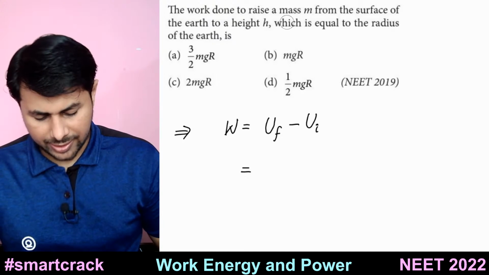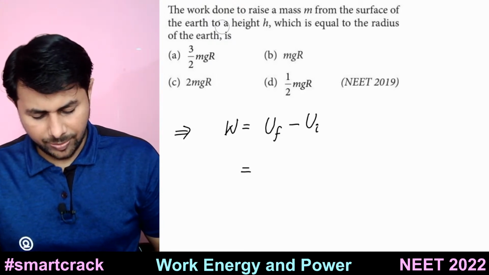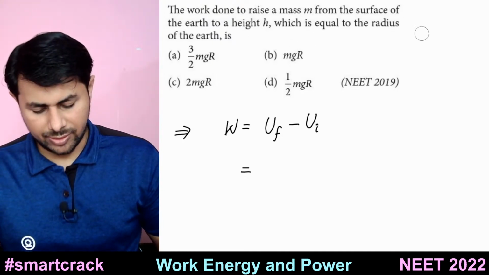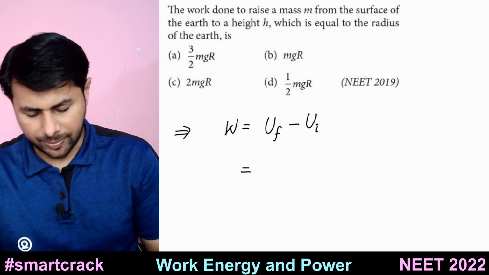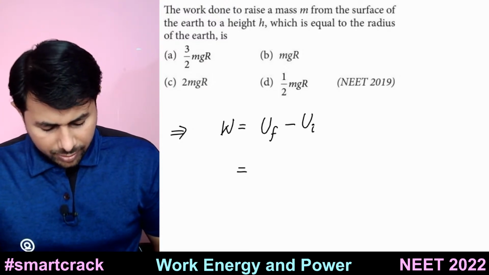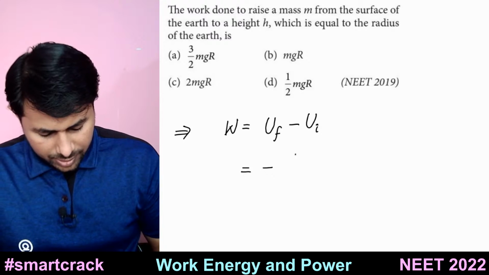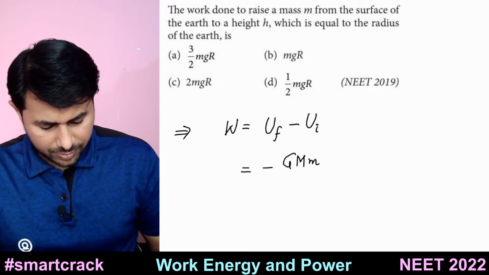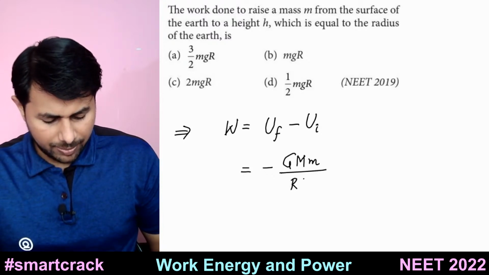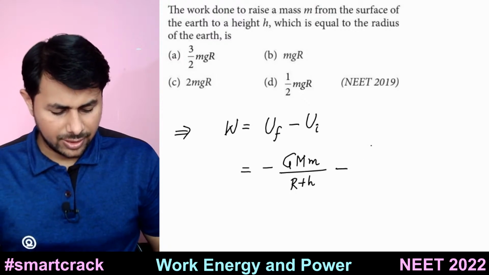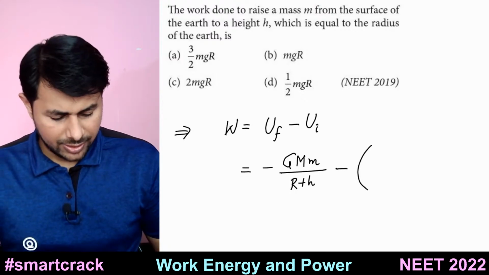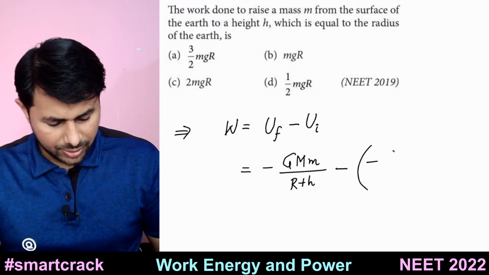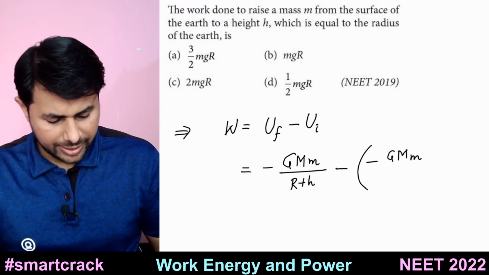Mass m is raised from the surface of Earth to height h, which is equal to the radius of Earth. So h is equal to r, it's given. So minus of GMm over r plus h, minus potential energy on Earth's surface, which is minus of GMm divided by r.